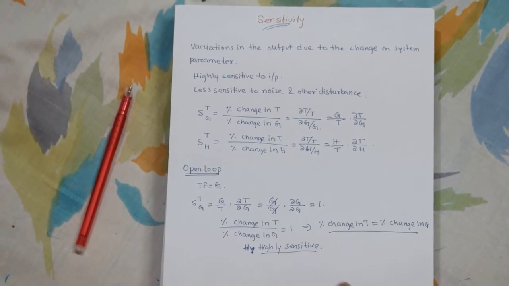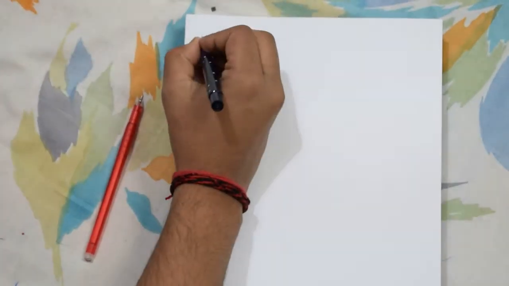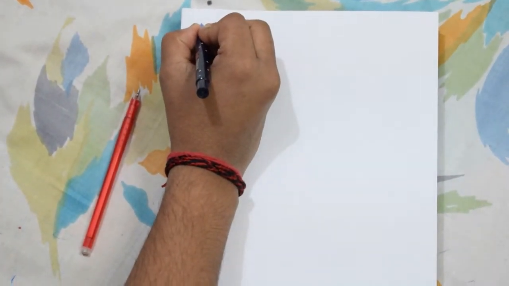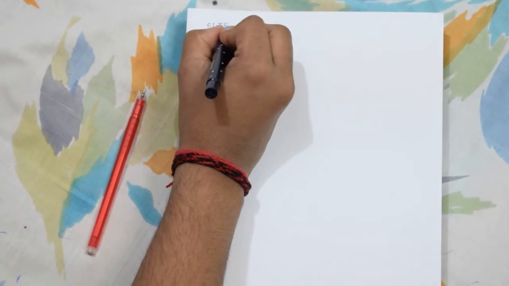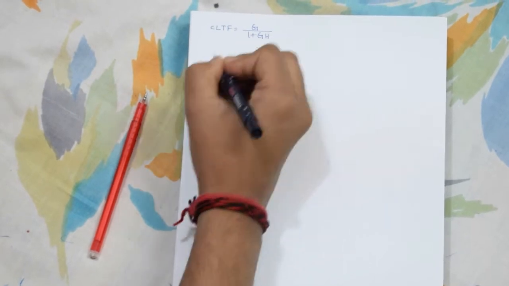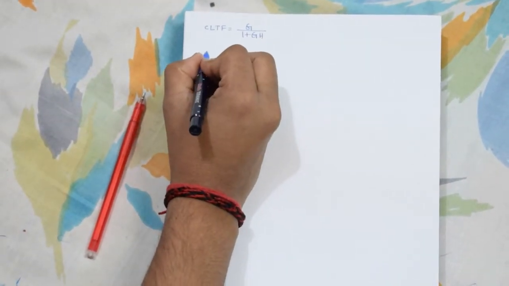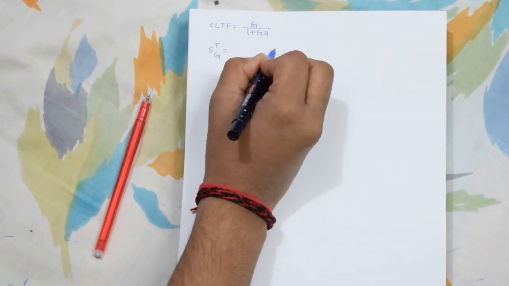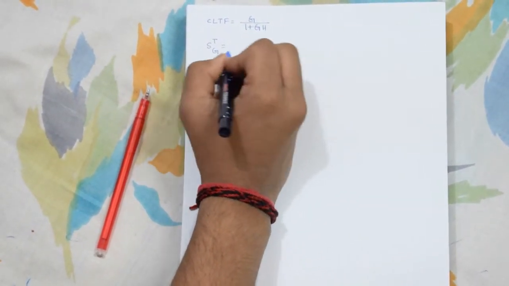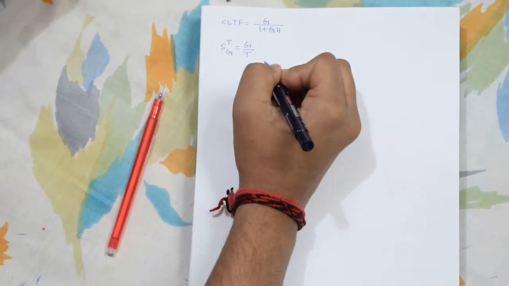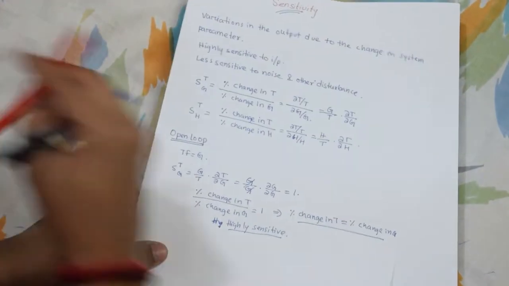Now let us see the sensitivity of a closed loop with respect to variations in G(s) and H(s). First we will see with respect to G(s). So we know that the closed loop transfer function is G/(1+GH). And we also know that the sensitivity of a transfer function with respect to open loop gain is percentage change in transfer function by percentage change in G. The formula is G/T, which we have derived.